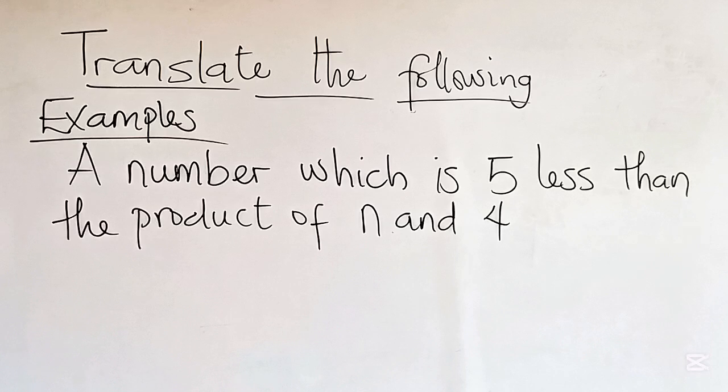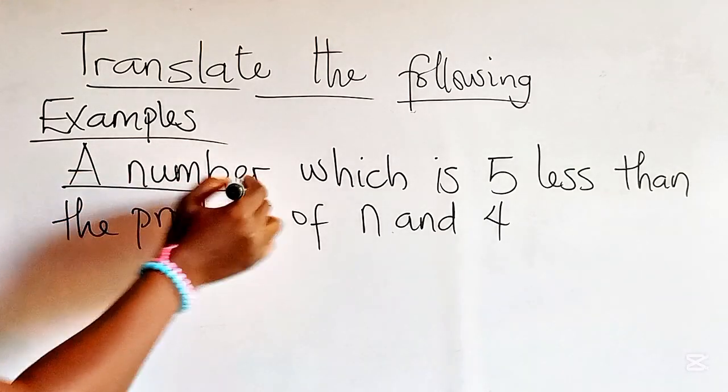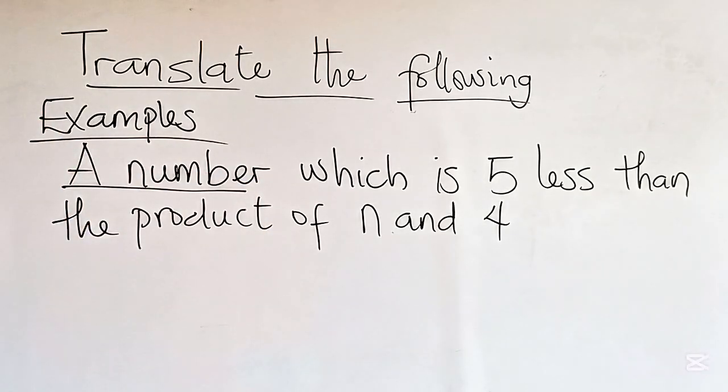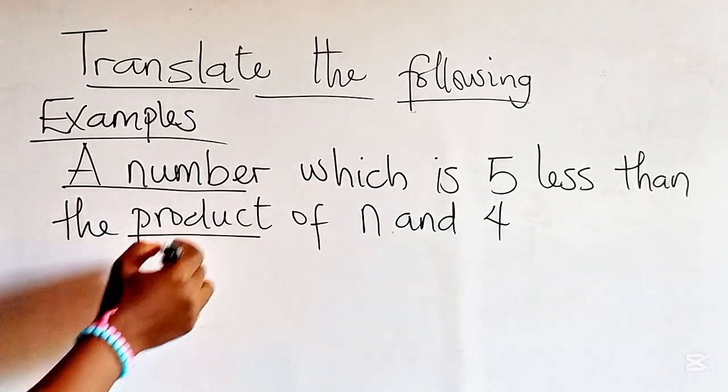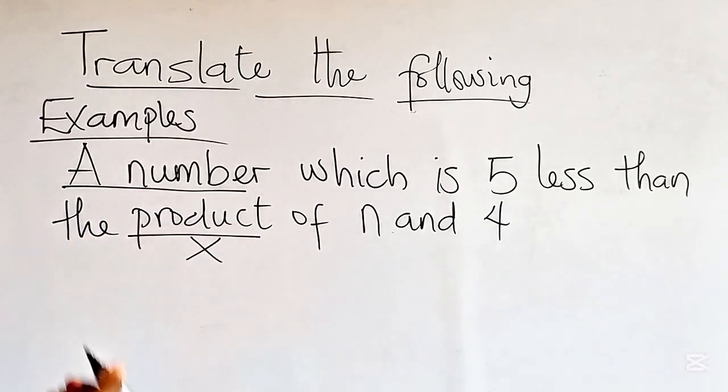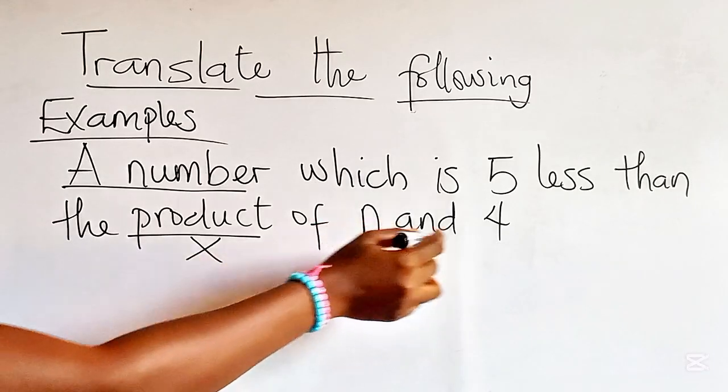So let's translate a number which is 5 less than the product of n and 4. So this number here is 5 less than the product of n and 4. Product here means multiplication. And which terms are we multiplying? N and 4.